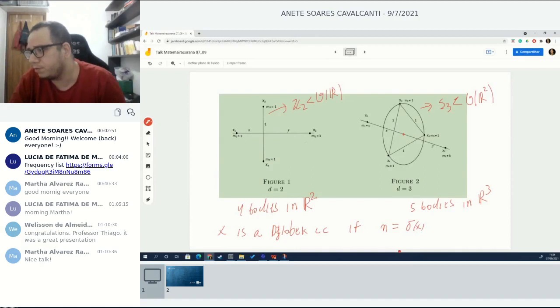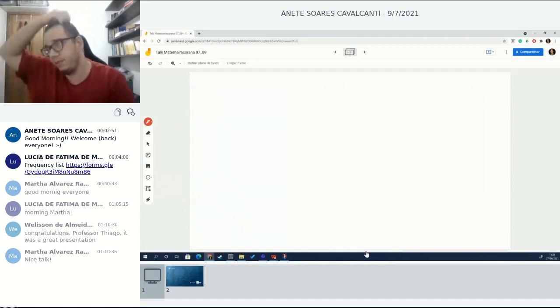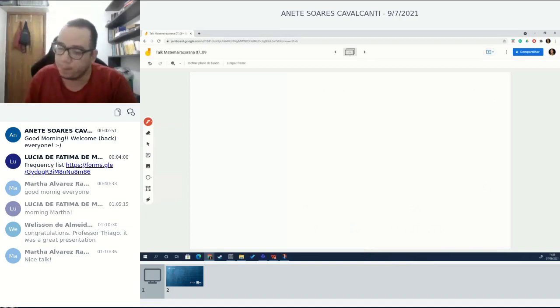The dimension of the configuration is the dimension of the smaller affine space that contains the configuration. Then this is a Dziobek configuration. And now we will discuss a little bit about Laura-Andoyer equations.